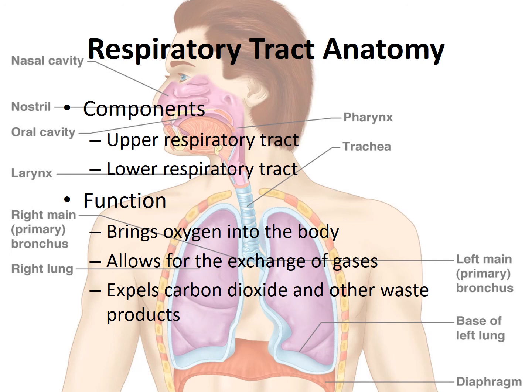Sometimes if we suction or we have a device, you'll hear it called orotracheal or nasotracheal, because you do breathe through your nose, so sometimes a tube goes through your nose and down as far as the trachea, and it will be referred to as nasotracheal or orotracheal.